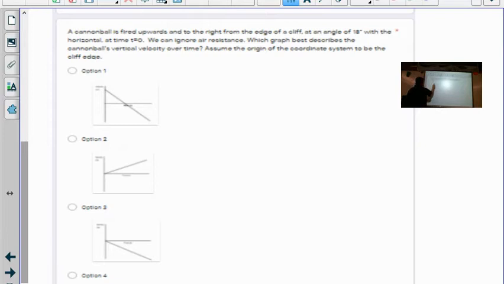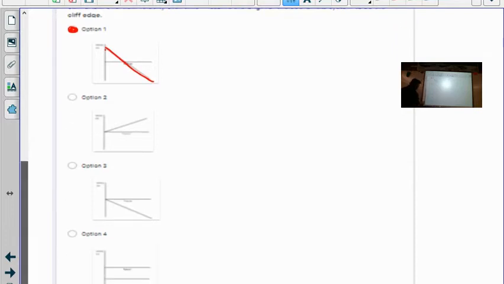So in this one, it's going fast, 0, and then negative. This one is the correct option. Okay, so if I throw an object up, it leaves my hand with its greatest velocity in the positive direction. It stops, goes to 0, and then it accelerates back down and has its fastest negative velocity when it lands back in my hand.